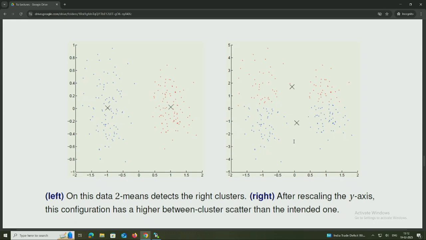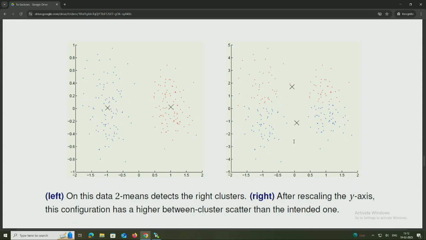So this will become 4, this will become 3, and so on and so forth. So you see just the scaling of the data points has changed. Correct? Although the distribution is the same, the scaling has just changed. Now when you apply k-means, it finds the centers like this. Basically it says this is one cluster, this is another cluster. Which means that k-means is not good at capturing the shape of the cluster.